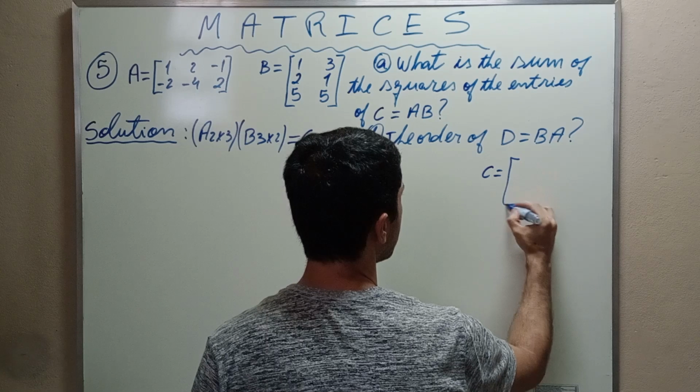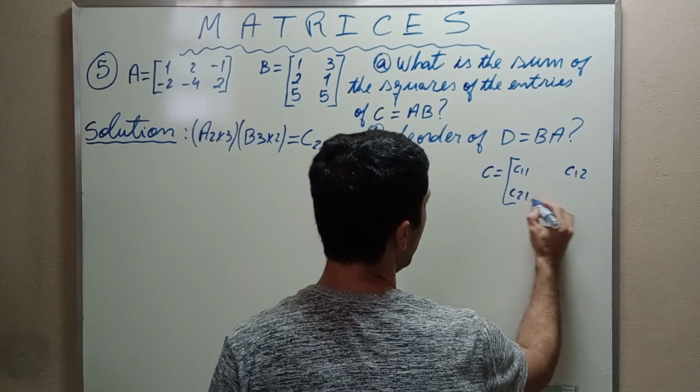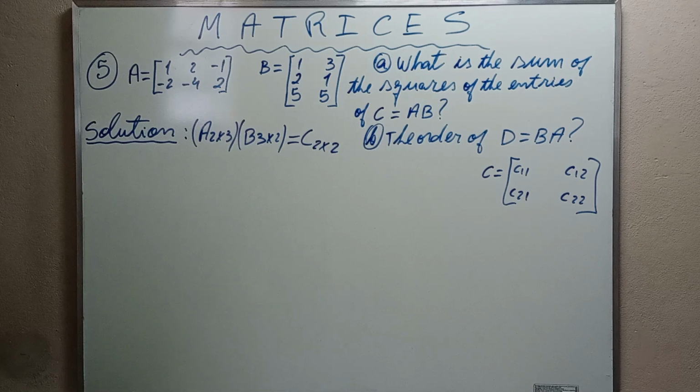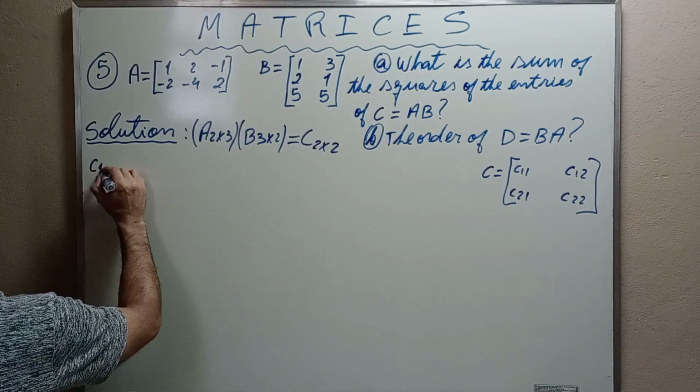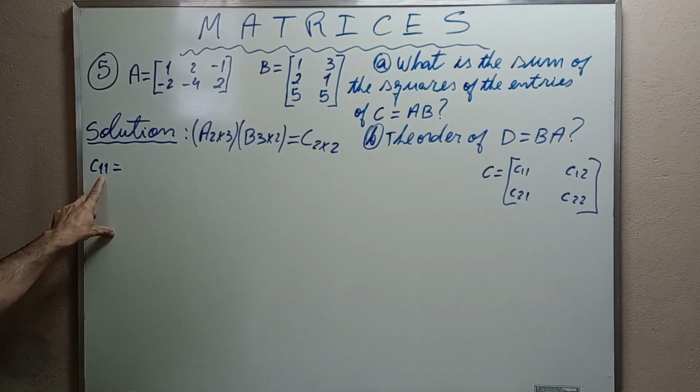C, C11, C12, C21, and C22, okay? Now let's calculate the entries of matrix C. C11 will be obtained from the multiplication of the entries of row 1 of the first matrix by the entries of the first column of the second matrix, okay?